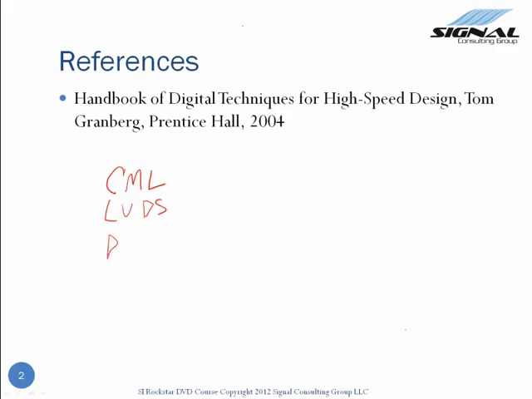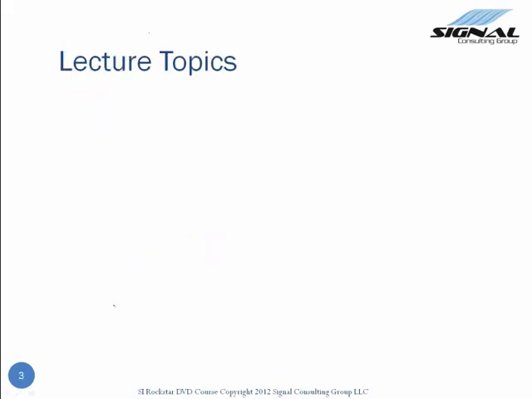He goes over a wide variety of DDR interfaces, even GDDR, I believe. And then your standard LVTTL and things like that. So it's actually a pretty good book, and it's probably one you want to add to your library.